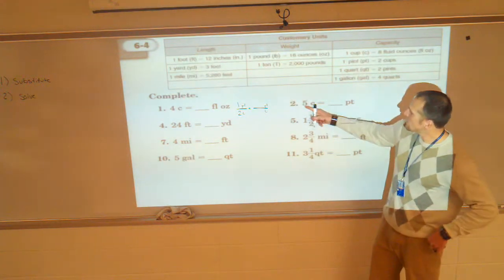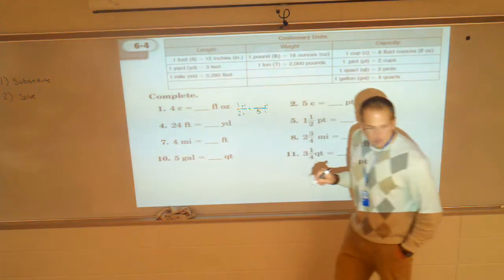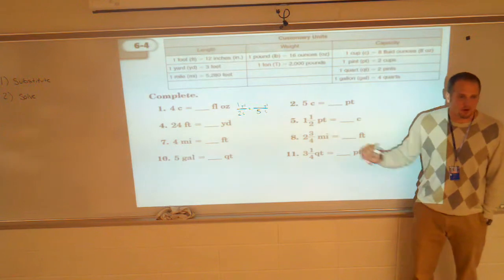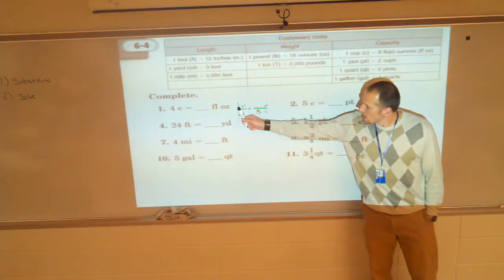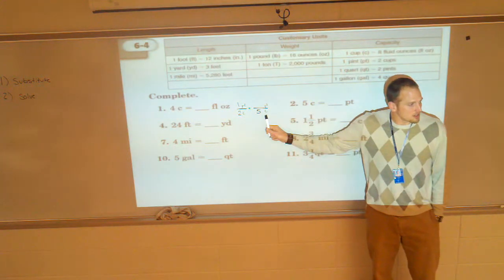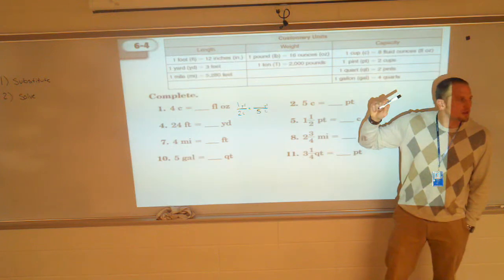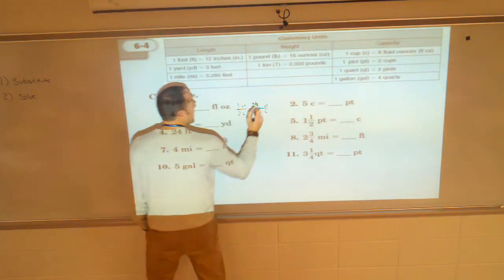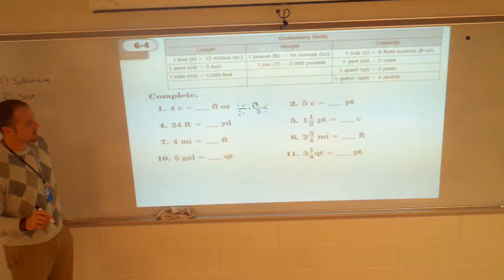Okay, the 5 needs to go on the bottom with the cups. So, who is someone who is confident with that? Okay, Emily, 5 times 1 is? 5. Divided by 2 is? 2.5, very good. 2.5 pints is equal to 5 cups.